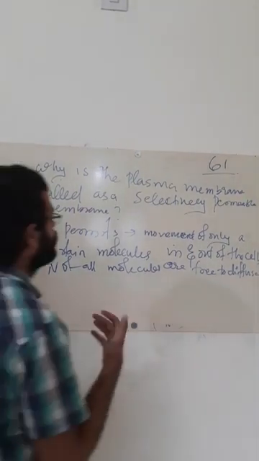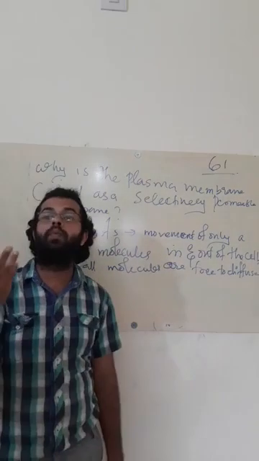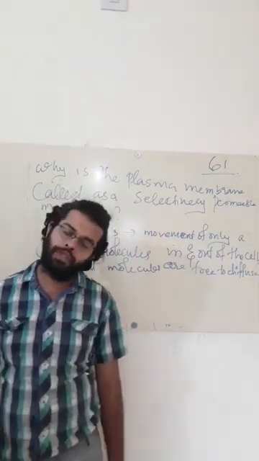And the third one: the chromosome is single in the case of prokaryotic cells. So what is the specialty of the chromosome of the eukaryotic cell? There is more than one chromosome, which is just opposite to the prokaryotic cells.